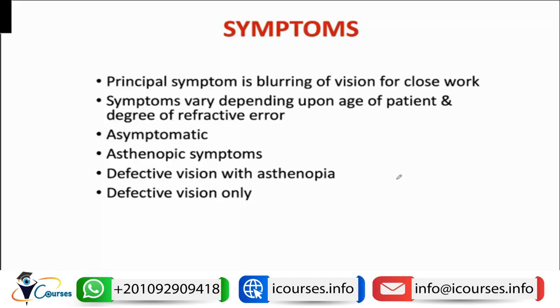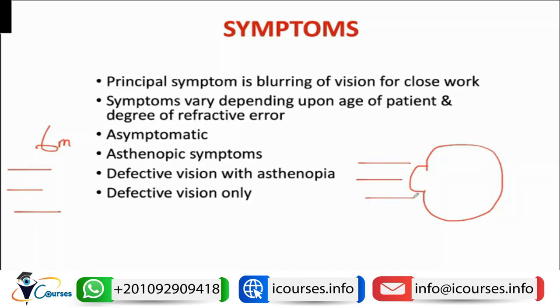So let me just illustrate this in a simple diagram, so that Dr. Shadi Salama will have a better idea of what is meant by hypermetropia. So if we have an eye like this, as a general principle, if any light source emits light rays from a distance of more than 6 meters, the light rays will come to the eye parallel.